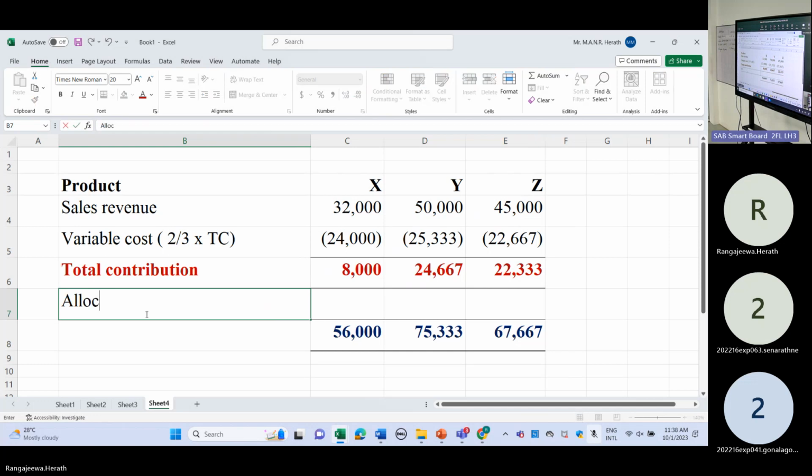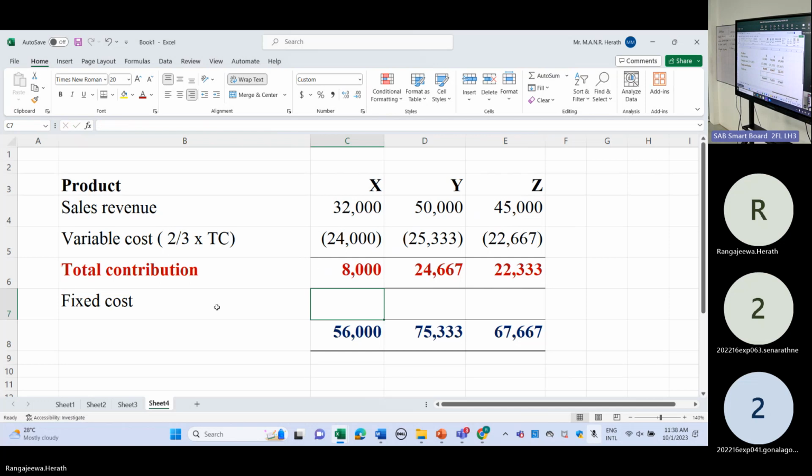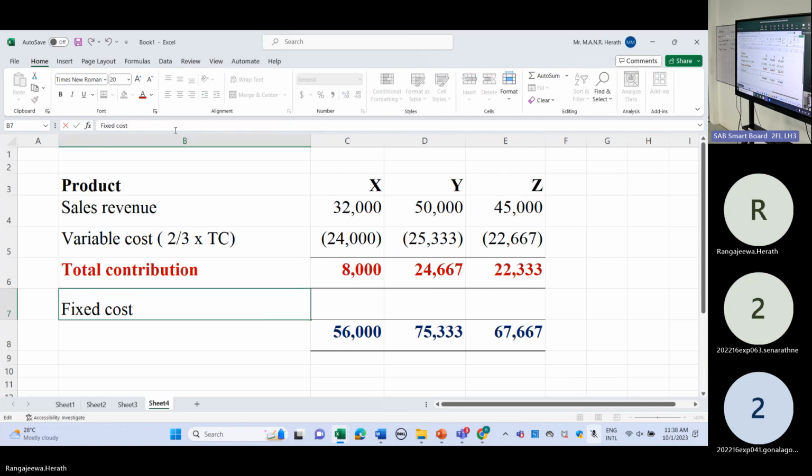Then we have fixed cost, 1/3 of the total cost.